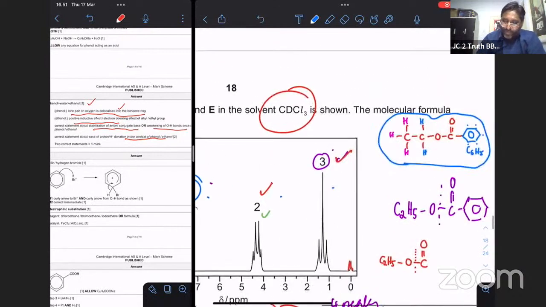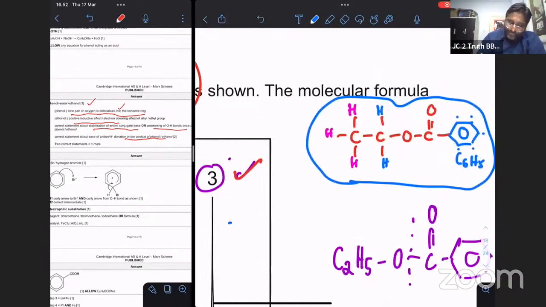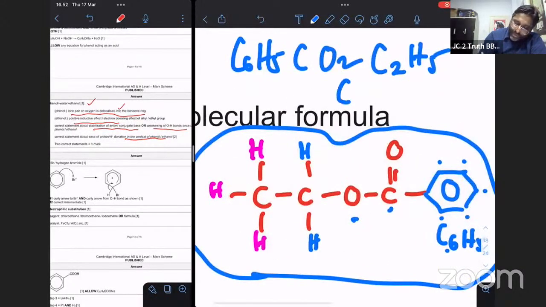Let's double check also. If I count this, C6H5, and then I have CO2, and then C2H5. Let's combine all of them together: C8, hydrogen 10, another carbon, sorry, C9.